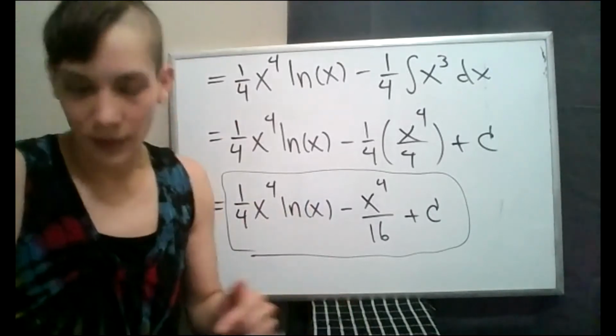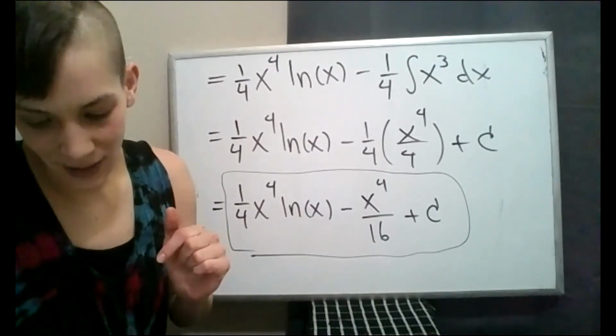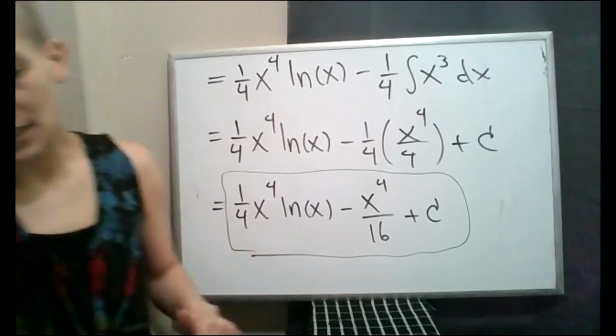Okay, this one is from a book. So this next integral is from 0 to pi of t sine of 3t dt.